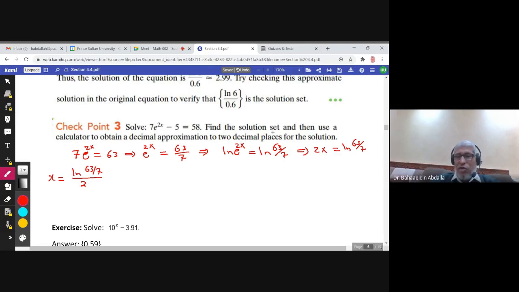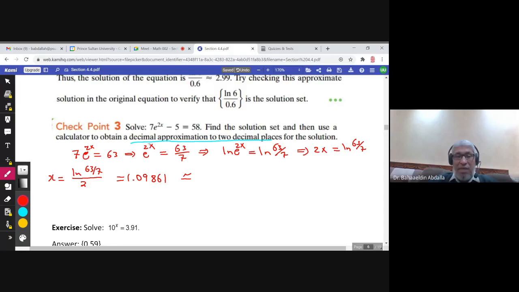It says to use a calculator to obtain a decimal approximation to 2 decimal places. Okay, I will use the calculator. I will put ln 63 divided by 7 equals, the answer is 2 point something, divide by 2, the answer is 1.09861 and so on.